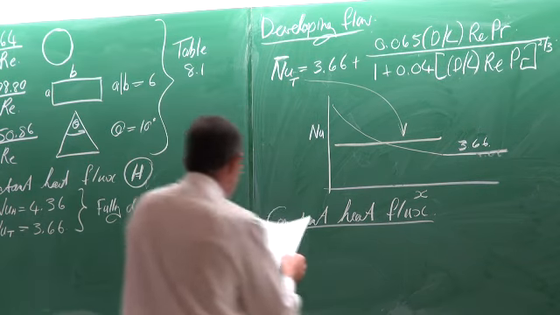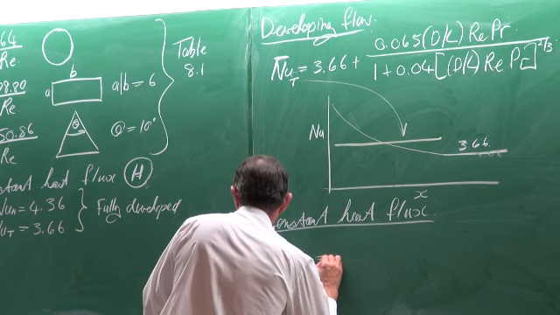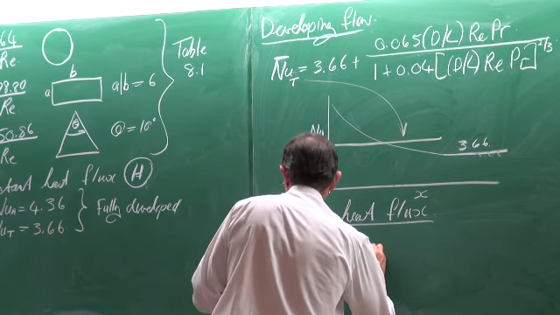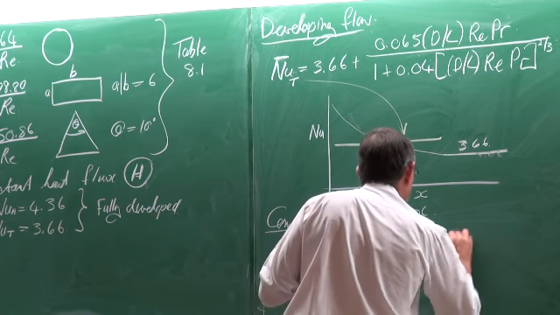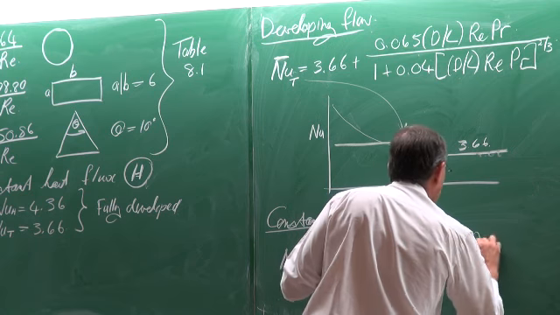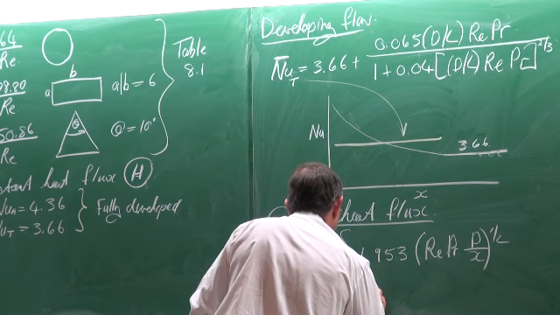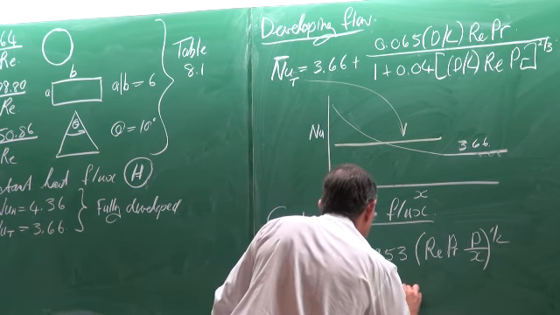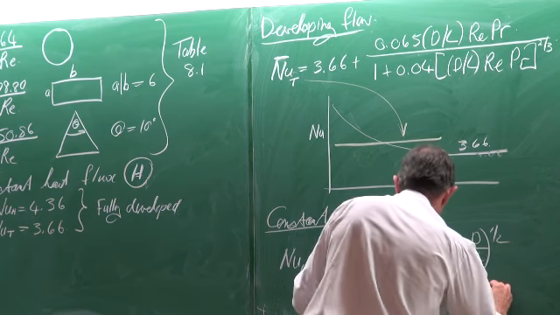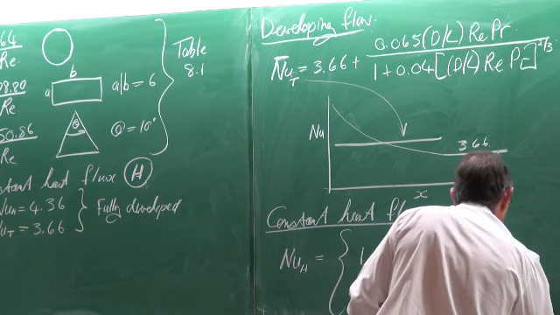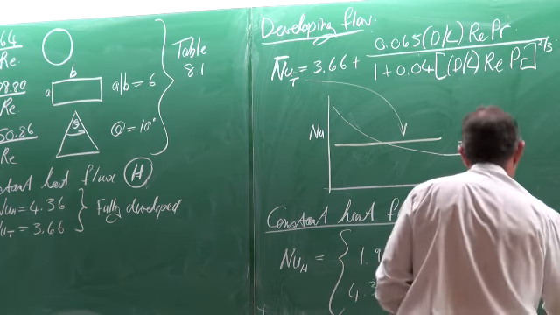This equation gives the Nusselt number for constant heat flux, and it is equal to, there are two equations, 1.953 multiplied by Reynolds-Prandtl multiplied by d over x to the half, or 4.364 plus 0.0722 multiplied by Reynolds multiplied by Prandtl d divided by x.